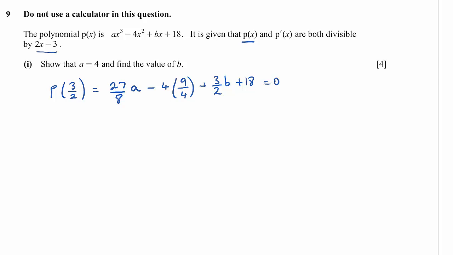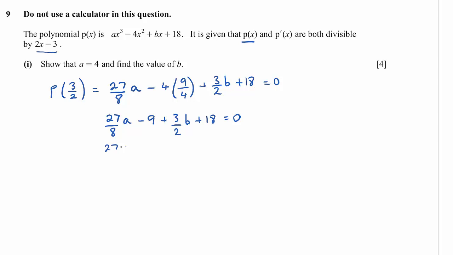And we know that that's equal to 0. So 27 over 8a, take away 9, plus 3 over 2b plus 18 is equal to 0.